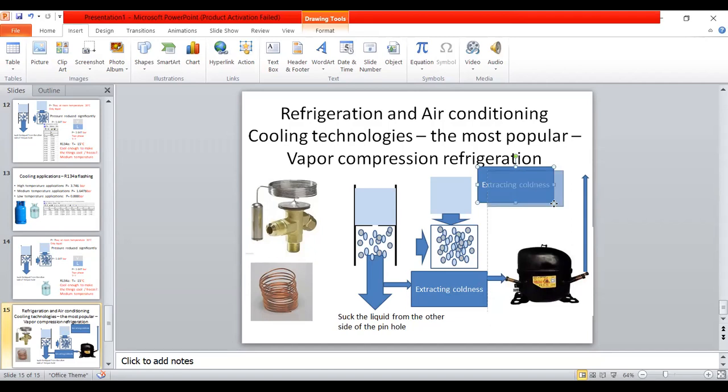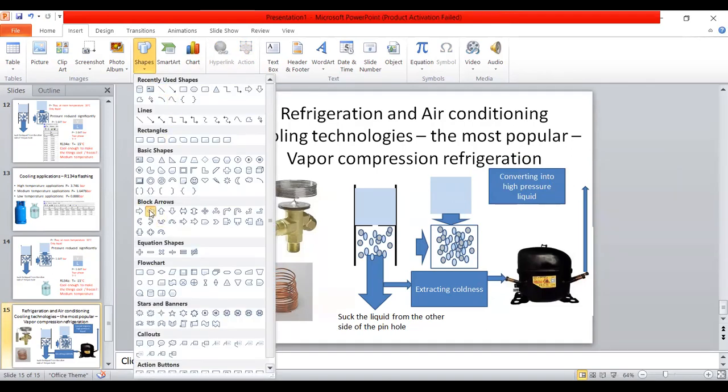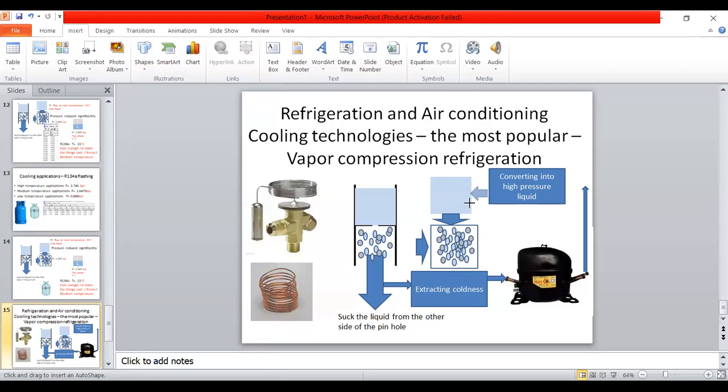Then when you pump here, this turns, converting into high pressure liquid, because this flashing effect needs liquid.